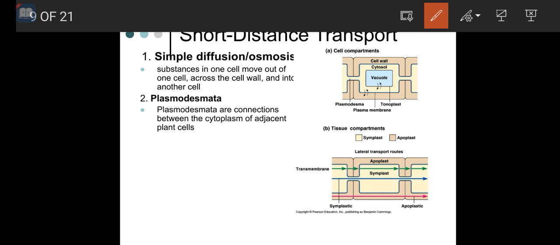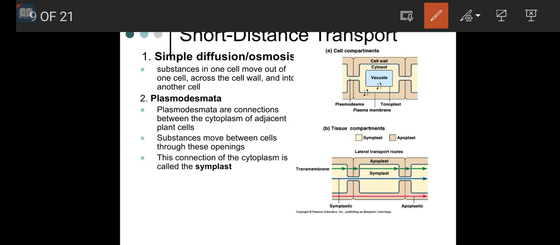It is the plasmodesmata. The plasmodesmata connect the cytoplasm of cells. In plant cells, substances move between cells through these openings. The connecting cytoplasm is called the symplast.